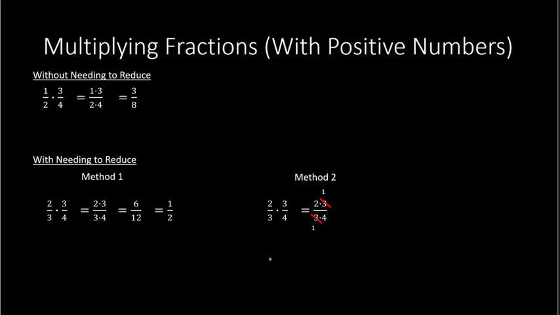3 divided by 3 would give me 1 over 1. And then the 2 and the 4 can reduce as well. 2 divided by 4 would become 1 over 2. I divide both by 2. So now I have 1 times 1 on the top and 1 times 2 on the bottom. So my solution is 1 over 2.